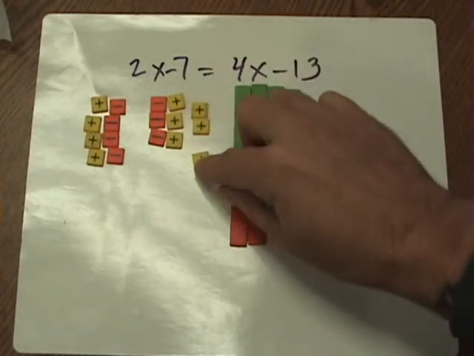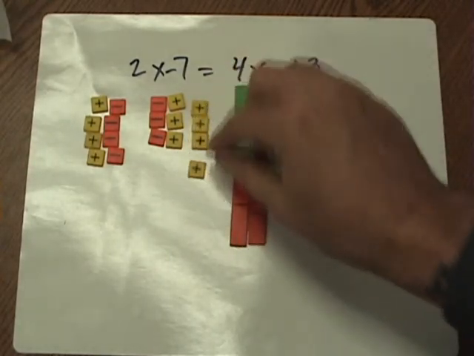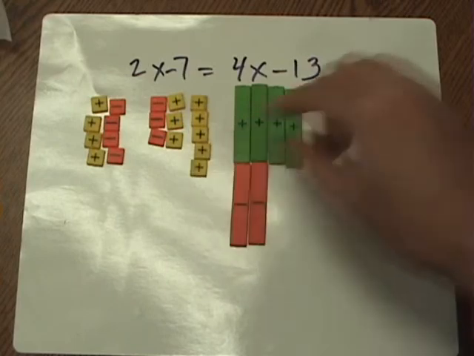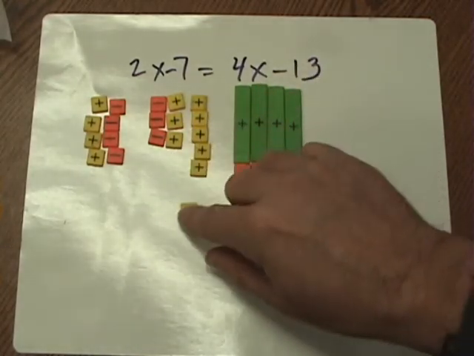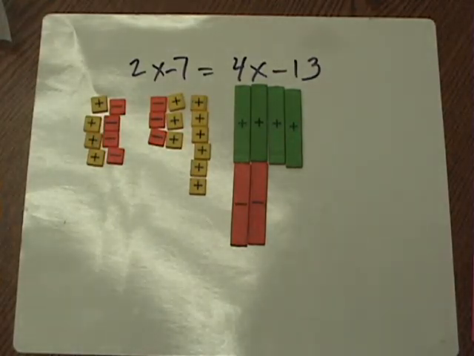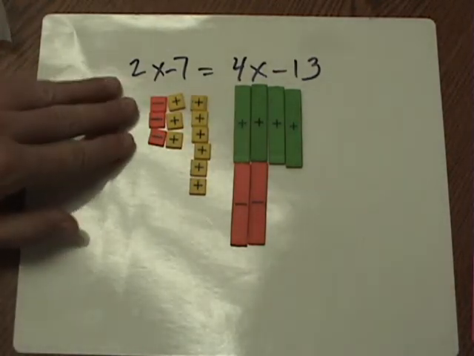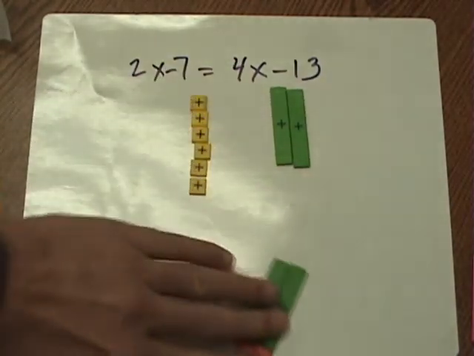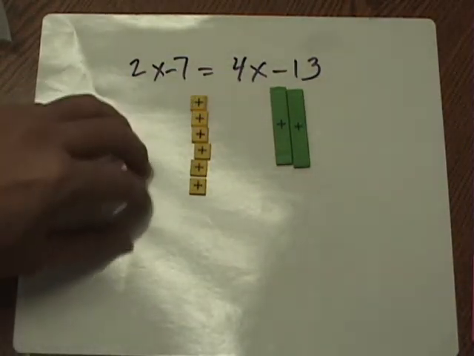They're not all canceling, of course. Okay? And at this point, all of your zeros you would get rid of. So we have zeros there, we have zeros there, and we have zeros there.